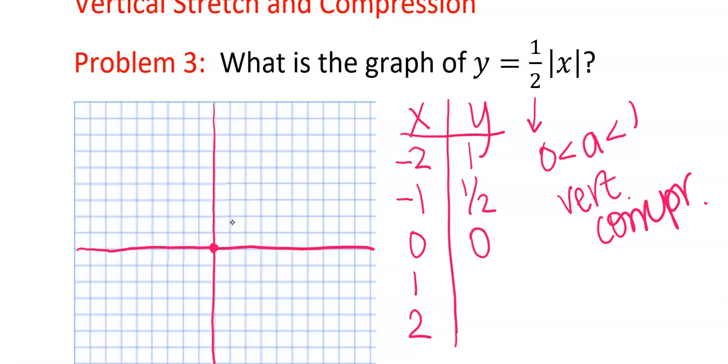So again, with absolute value, you always have a positive number out. So I am just going to repeat my numbers. My 1 would be the same as my -1. My 2 would be the same as my -2. And then I can put them on the graph. So -2, 1, -1, 1/2, and then they would be the same on the other side.